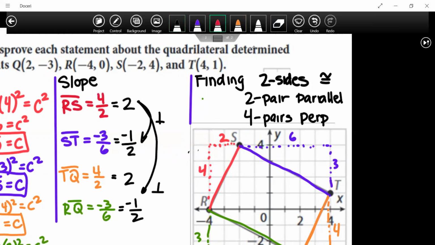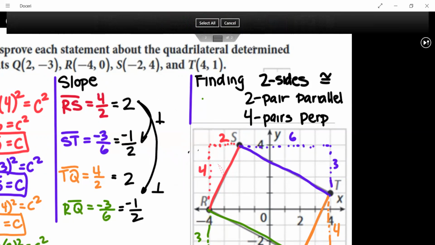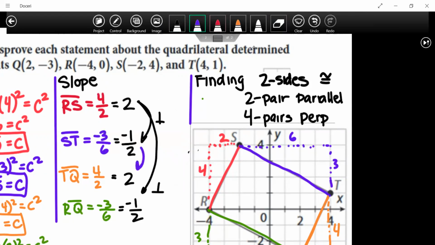Then we also have this one perpendicular. And then this one would also be back with, so that's 1, 2, 3. And then the fourth would be 1, 2, the last.